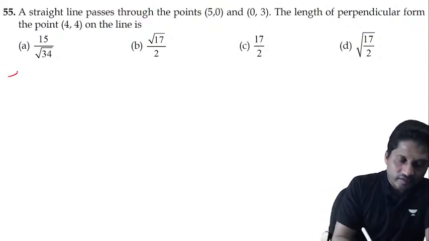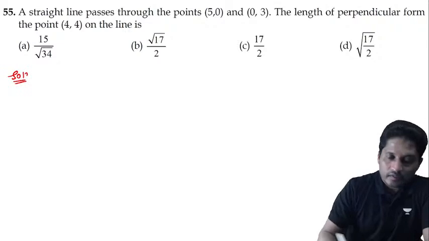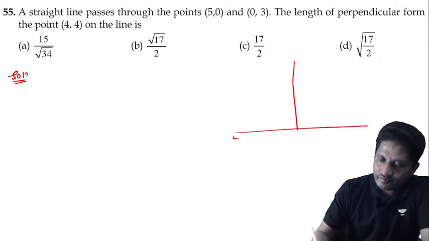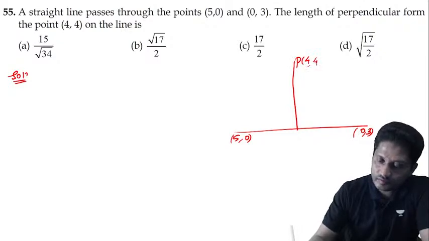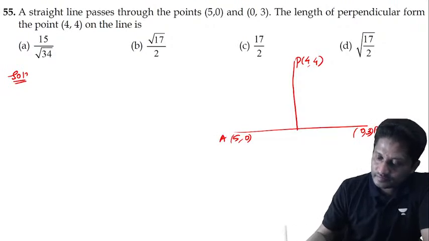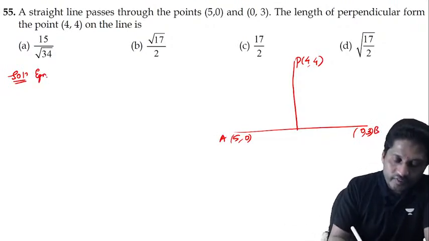So first I'll find out the equation of the line. A straight line passing through the points (5, 0) and (0, 3). Length of the perpendicular drawn from the point (4, 4) on this line. So first I'll find out the equation of this line. Equation of AB.